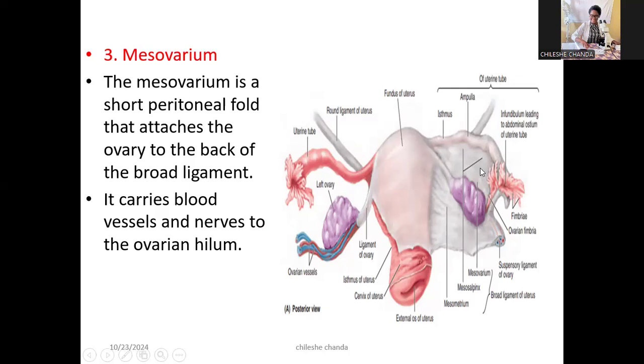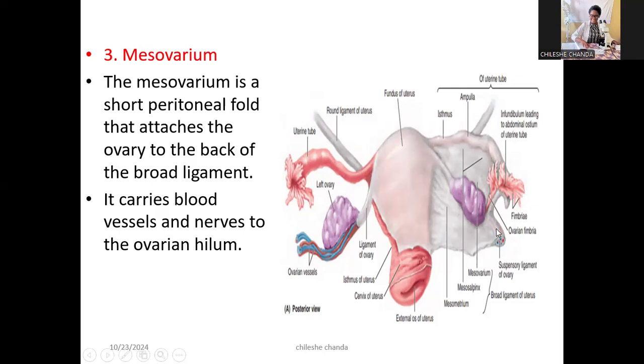So in general, if we're talking about the ligaments of the ovary, we're talking about one, the ovarian ligament, which attaches the ovary to a portion of the uterine tube. Then the infundibulopelvic ligament, which is a fold of the peritoneum and attaches to the lateral portion of the ovary.